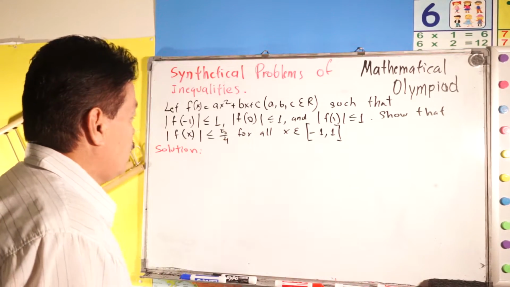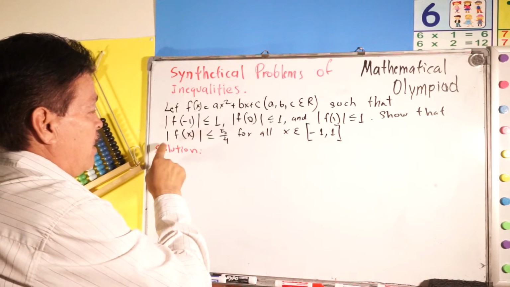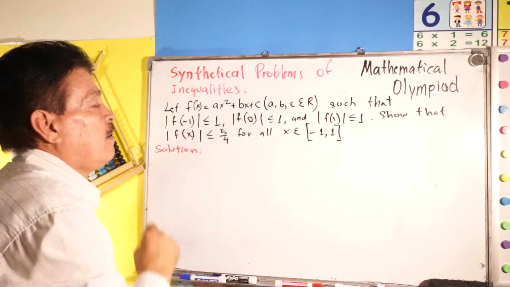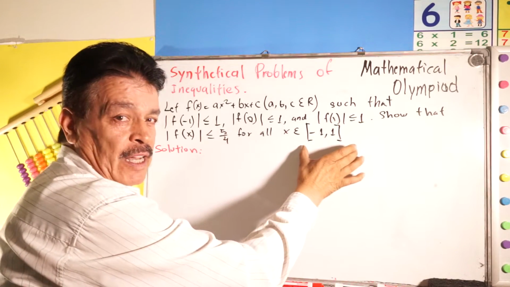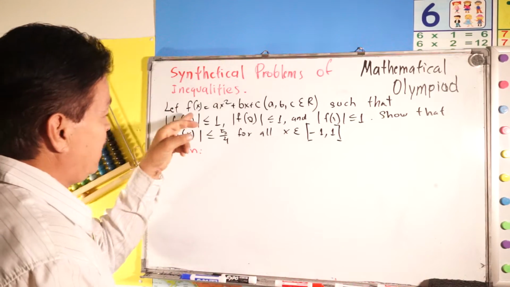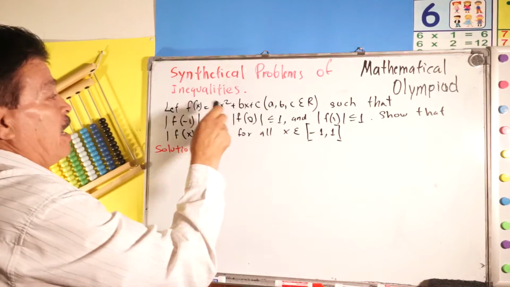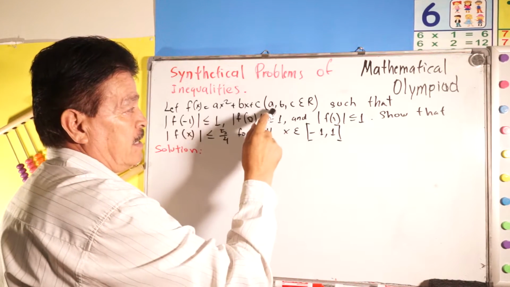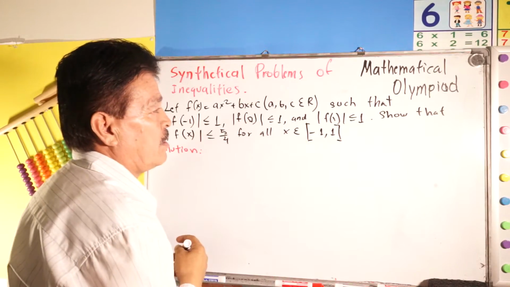One, we have to show that the absolute value of f of x is less than or equal to 5/4 for all x belonging to the interval [-1, 1]. Let f(x) = ax^2 + bx + c, where a, b, c belong to the real numbers.